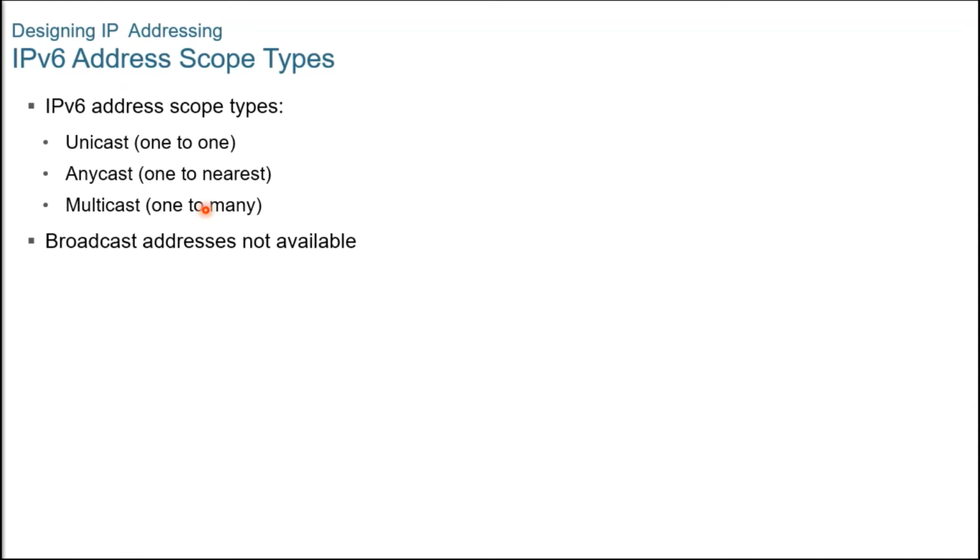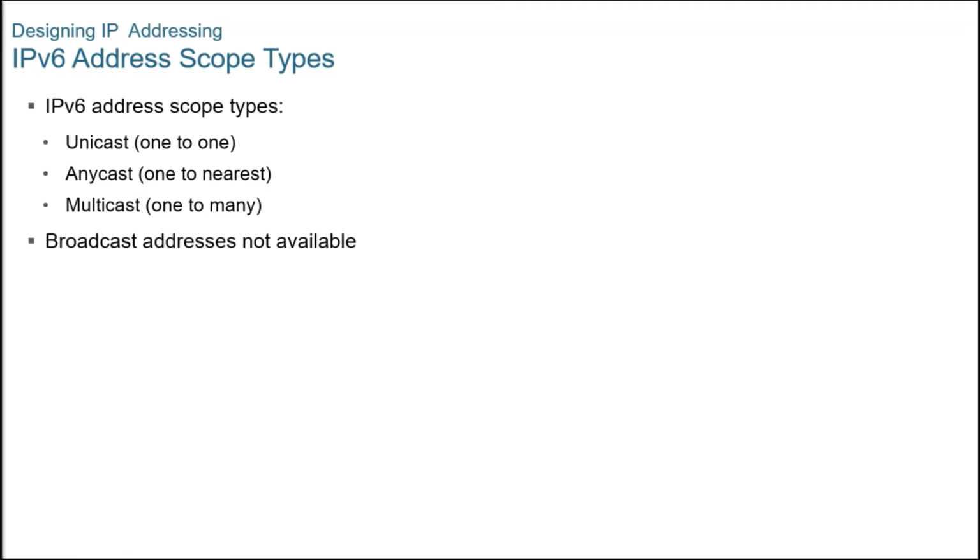Next would be Anycast, or one-to-nearest. An IPv6 Anycast address is a new type of address that is assigned to a set of interfaces on different devices. An Anycast address identifies multiple interfaces. A packet that is sent to an Anycast address goes to the closest interface, as determined by the routing protocol being used, identified by the Anycast address.